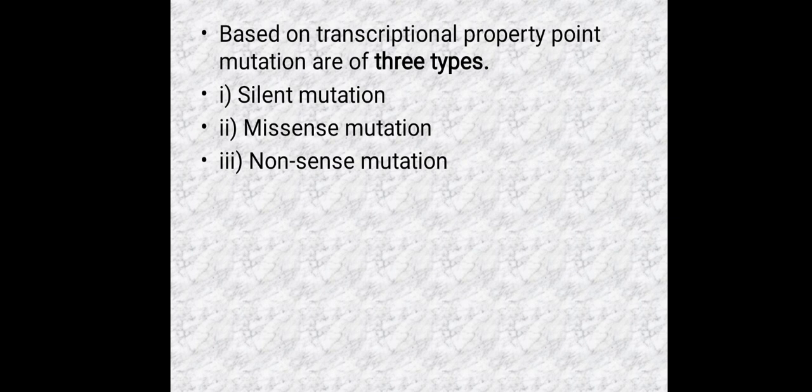So if there is an alteration within the sequence of nucleotides, it is responsible for altering the sequence of codons present on the mRNA. Then it may be responsible for altering the sequence of amino acids within the protein molecule which is synthesized during the translation process.